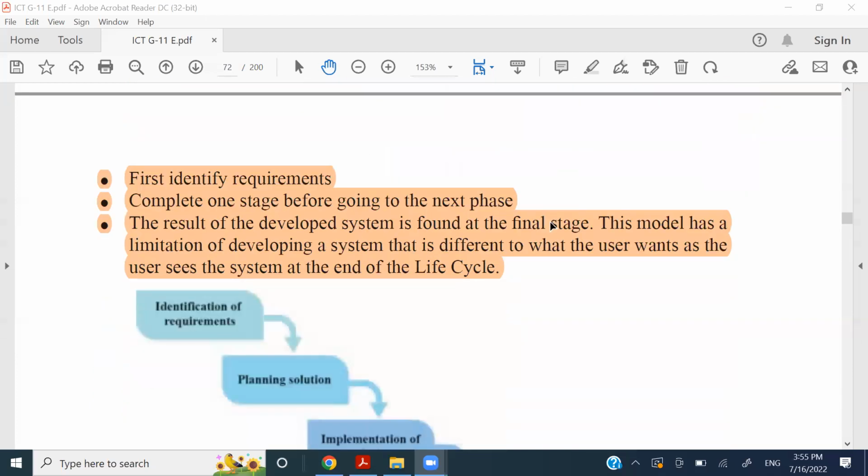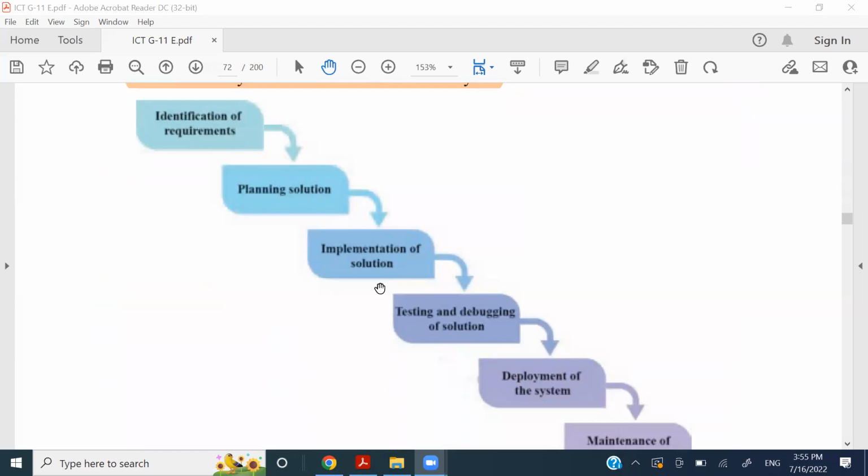All right, so moving forward, please leave some space for you to draw this diagram in your book.